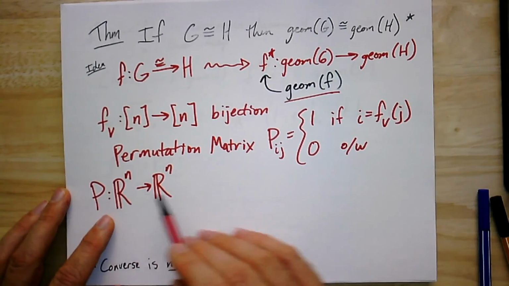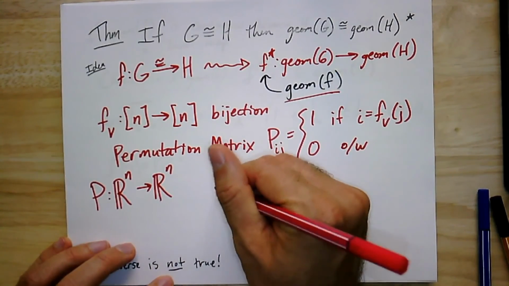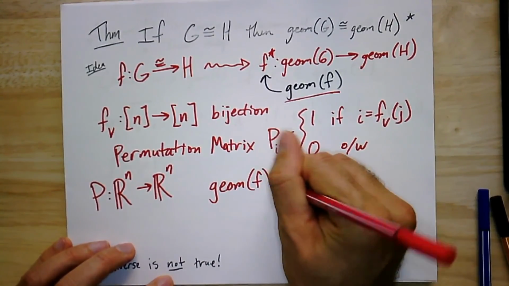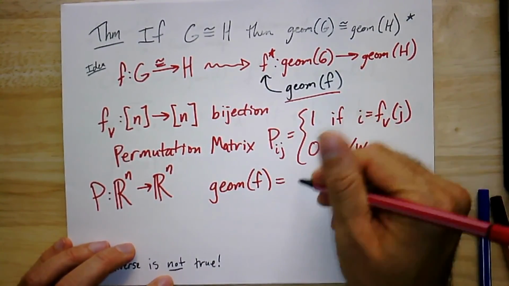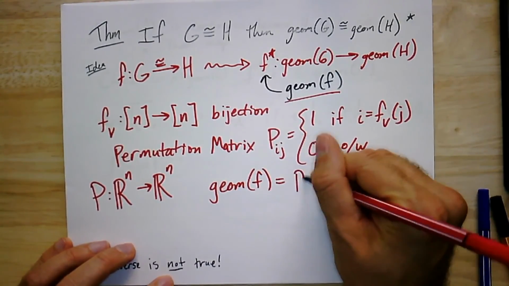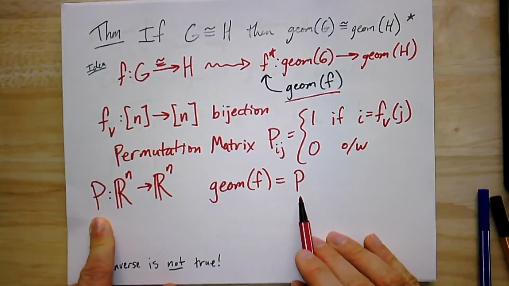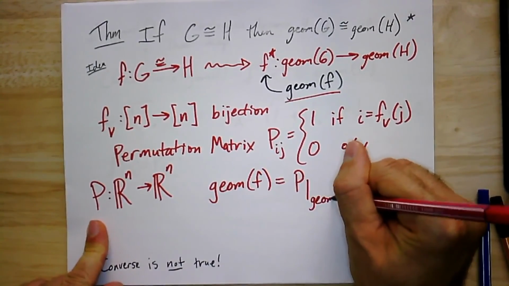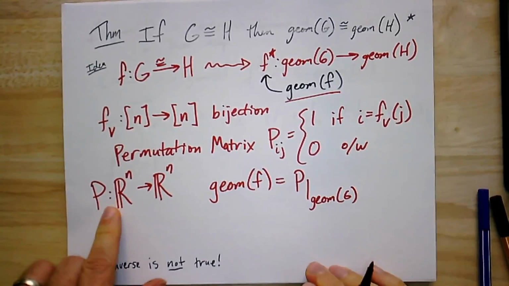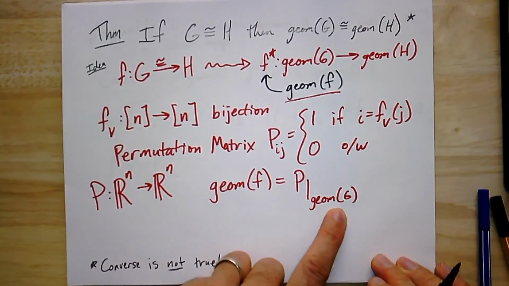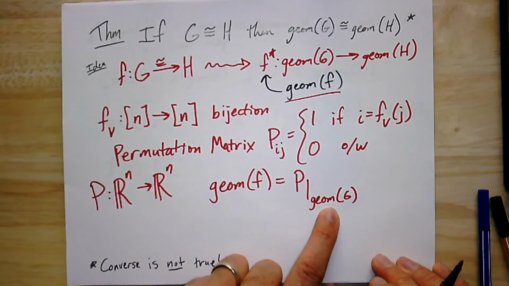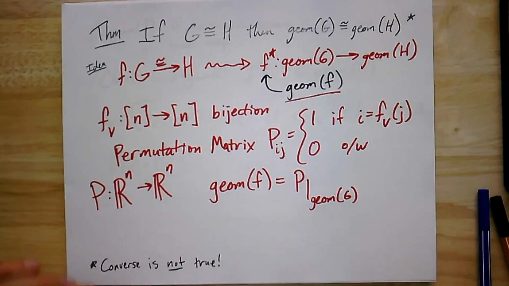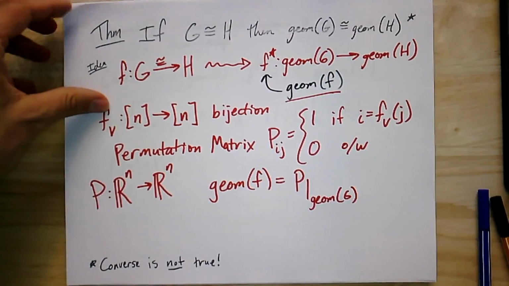It changes which coordinates are which, and what we'll see is that the geometric realization of f that I wanted is just going to be this permutation matrix restricted to the geometric realization of G. This is a function on all of Rn, and here I'm just going to restrict it to apply only to the geometric realization. And in fact, this is going to work, which is pretty great. Something even better is true.